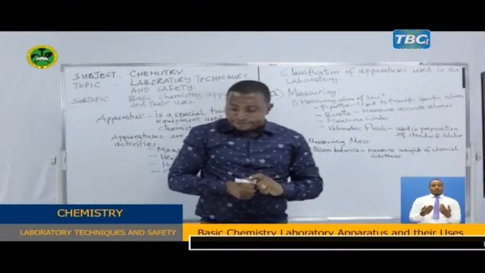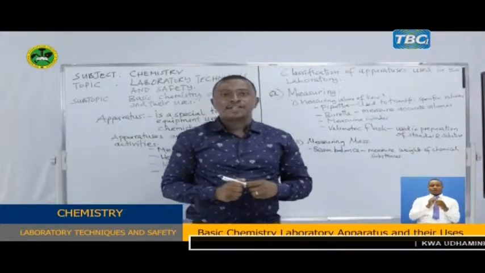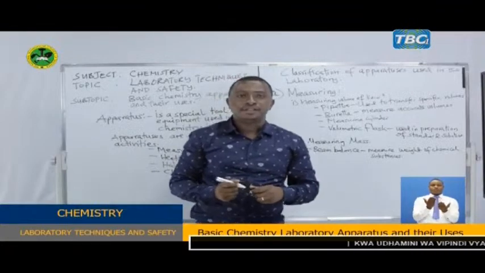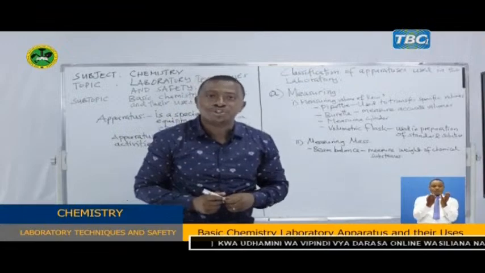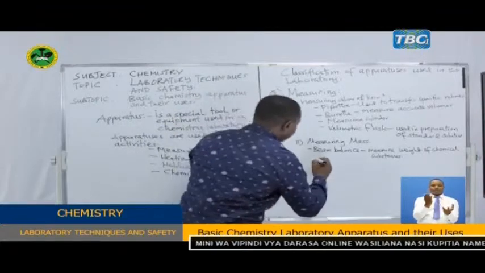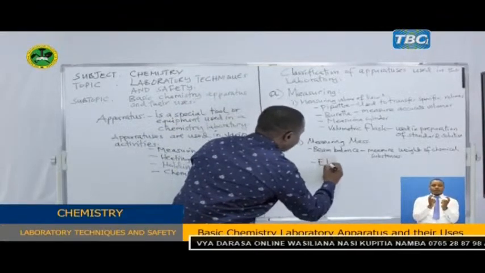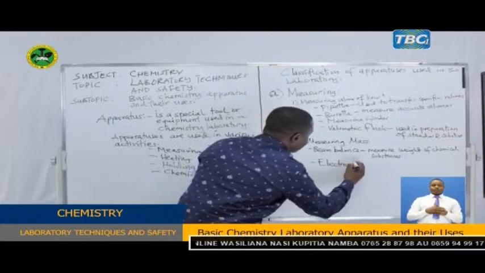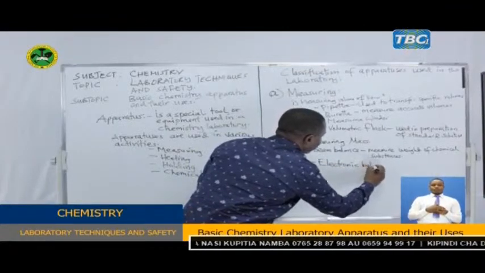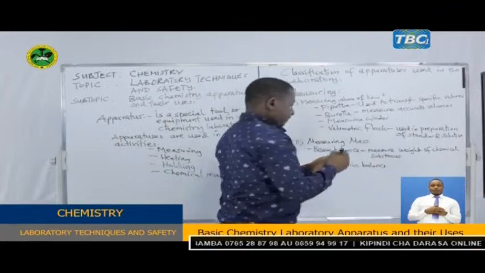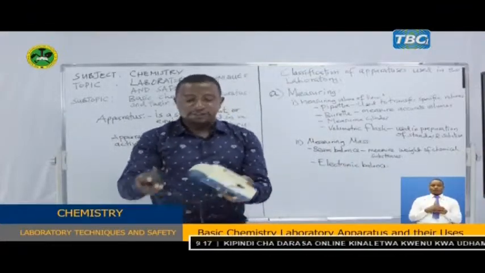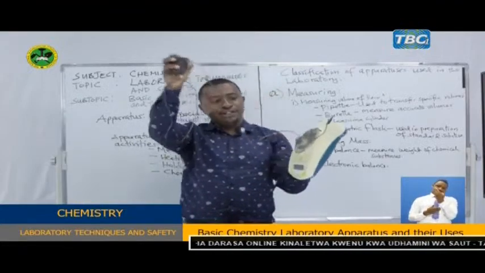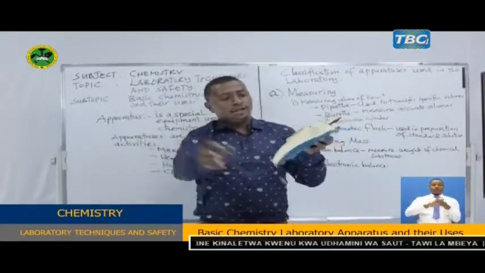We also have the other apparatus used for measuring. It is known as an electronic balance or a digital balance. Electronic balance, dear students, it's this one here. You can see it.